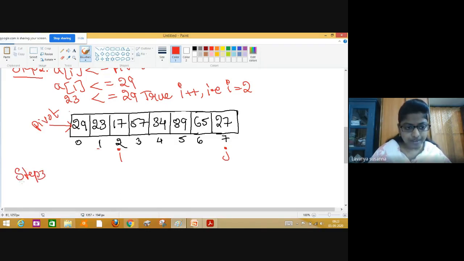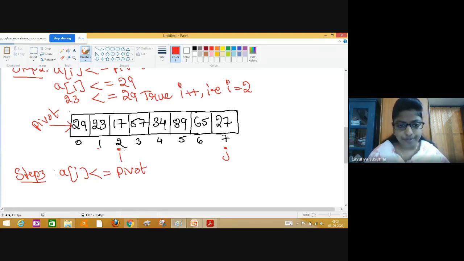Step 3. Again, A of I less than or equal to pivot. What is A of I? I means here 2, right? In previous step, what is I value? 2. A of 2 less than or equal to pivot 29. Always pivot is 29. A of 2 means 17. 17 less than or equal to 29.